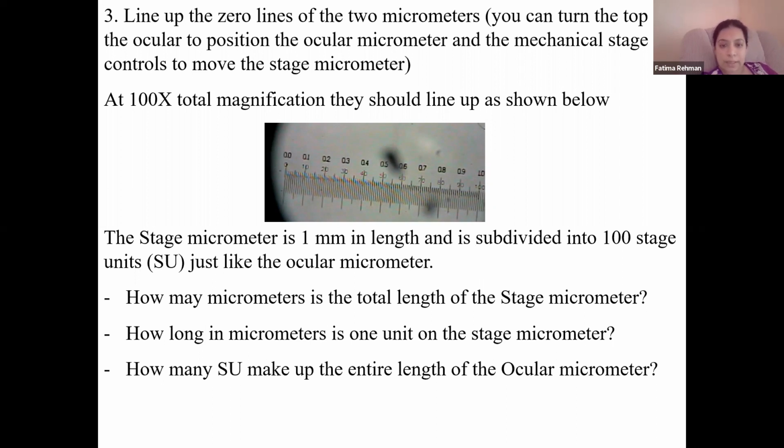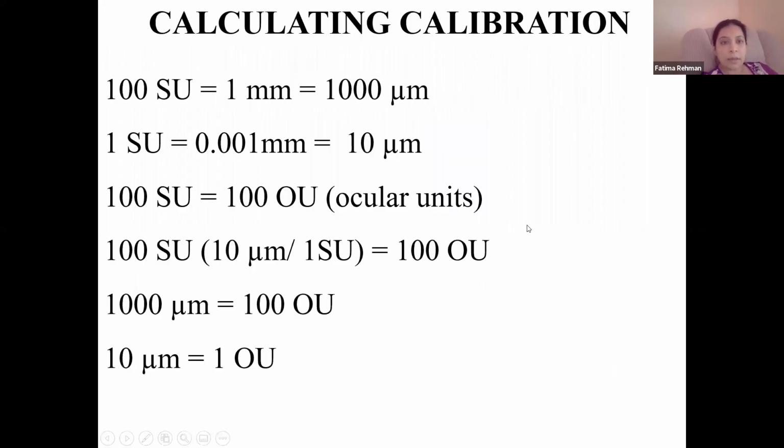In this case, we make that conversion and we say that 100 stage units are equal to 1 millimeter and 1,000 microns. We already did that. And that means that each stage unit is equal to 10 micron. We then make an equation where we take 100 stage units and equal them to whatever ocular units they correspond to. In this case, the 100 stage units were equal to 100 ocular units. So they were both exactly the same.